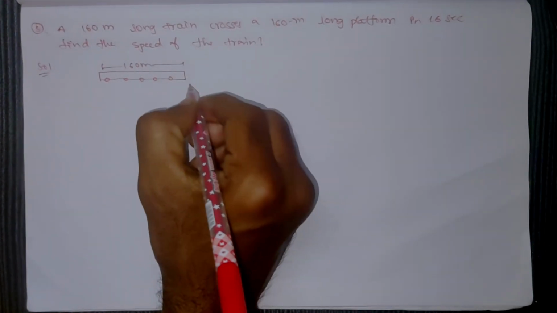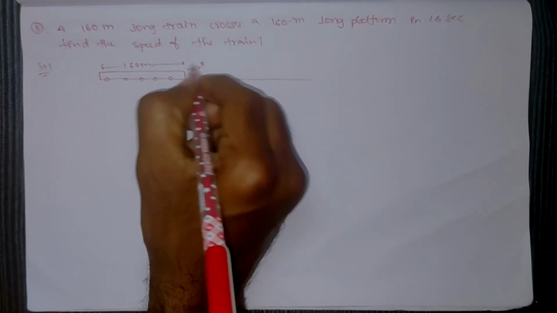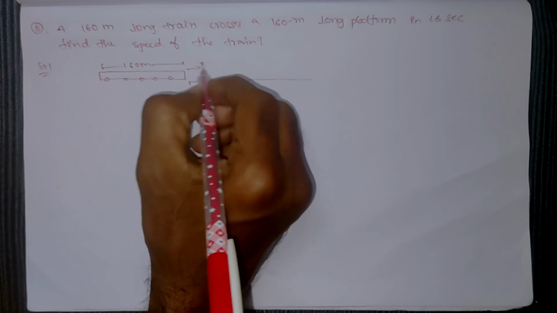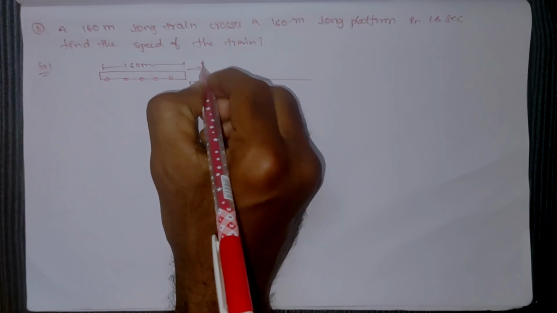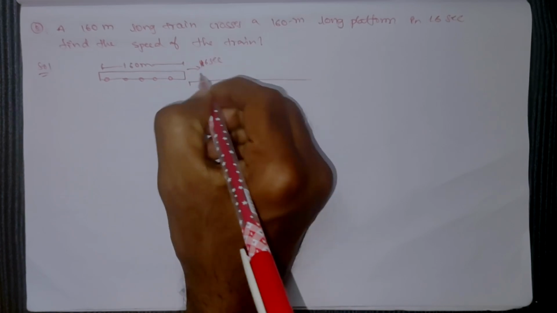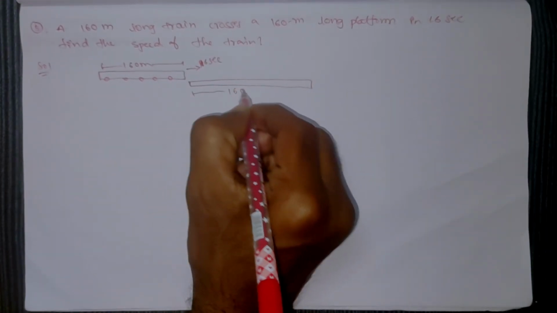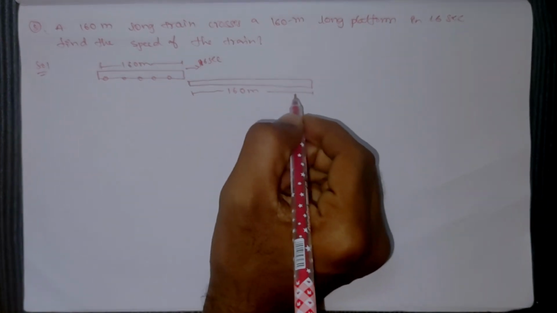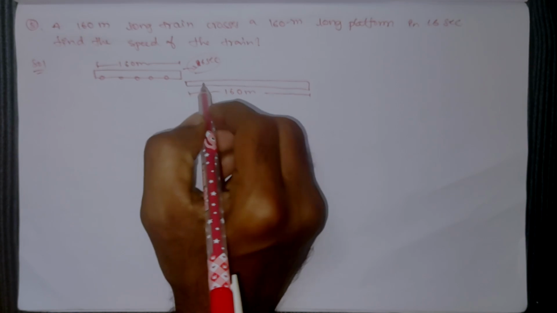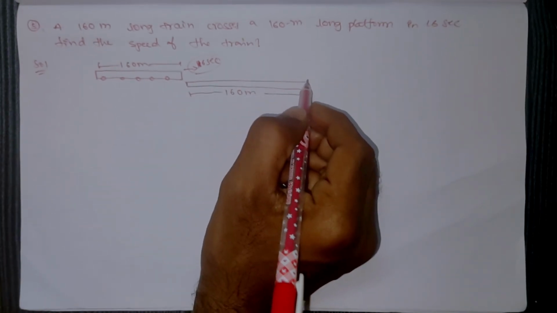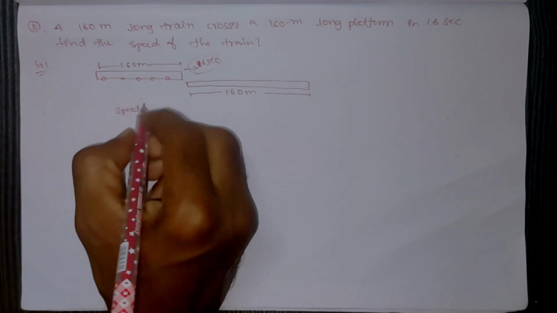We have to calculate the speed only, right? It has traveled for 16 seconds and crosses a platform which is also 160 meters. So in 16 seconds the train has crossed this platform. So we need to calculate the speed.